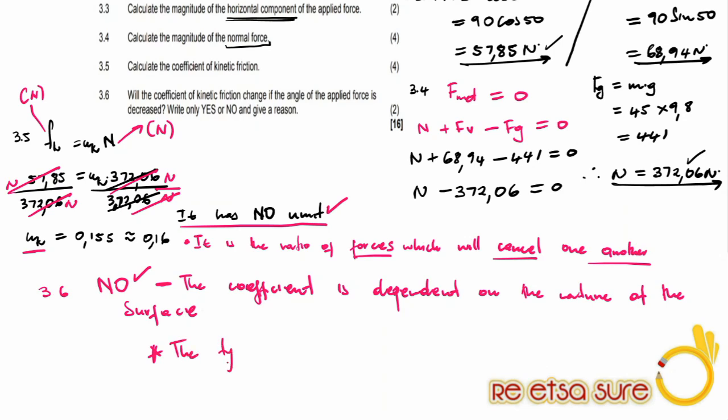So you will get 1 mark for this or this. So my beautiful learners, this is 3.6, and our total for this is 16.